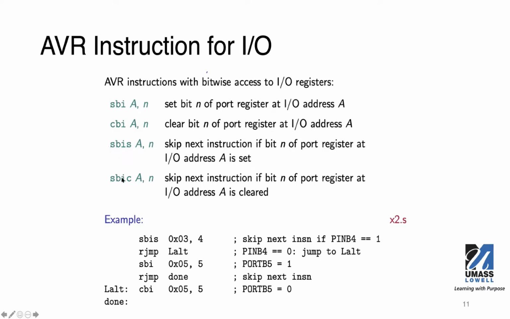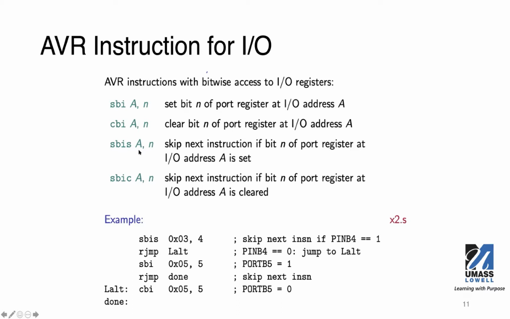And there are several instructions like this. SBIS: skip the next instruction if bit N of the port register at the IO address is set. This instruction is short, but what it does is kind of long to explain. It will compare the value at bit location N of the port register specified using this IO address. It will check if that bit is set or not.